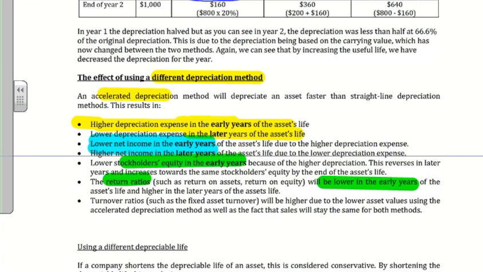Because your depreciation is higher. Your turnover ratios, things like fixed assets turnover, are higher because you've got lower asset values. It's not difficult to conceptualize these, but it is important that when you do these kinds of things, you look at the impacts that it has across the board, going down the income statement, balance sheets, and then cash flow.